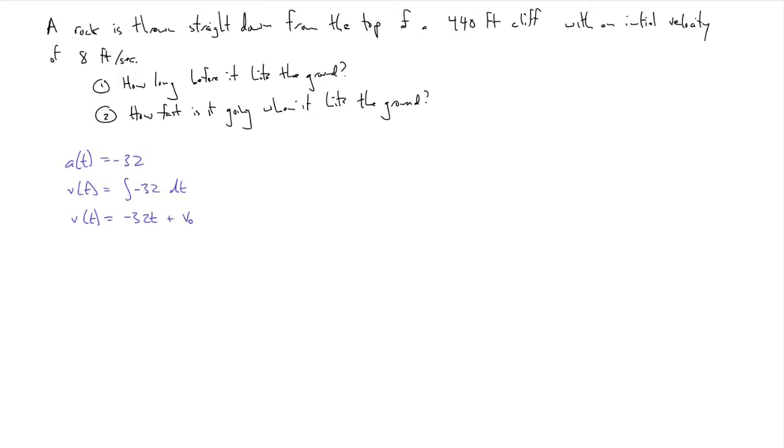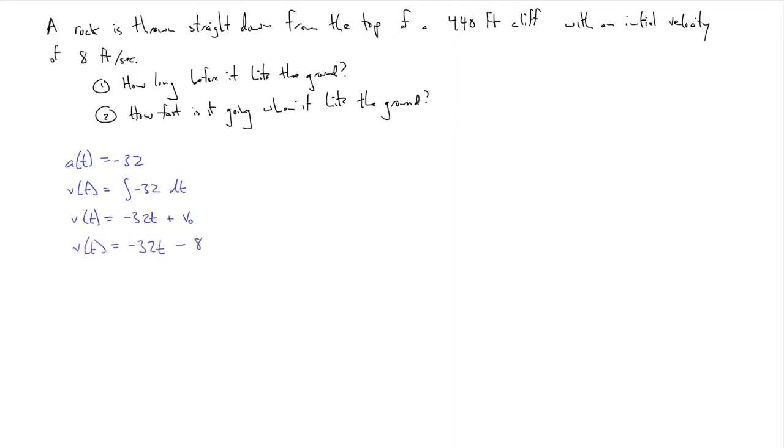Okay, these problems all start the same. The acceleration due to gravity at the surface of the Earth is 32 feet per second squared in the downward direction, and so our acceleration function is a of t equals negative 32. The velocity is the integral of the acceleration, and when you integrate negative 32 with respect to time, you get negative 32t plus an arbitrary constant, or a not so arbitrary constant, that is the initial velocity.